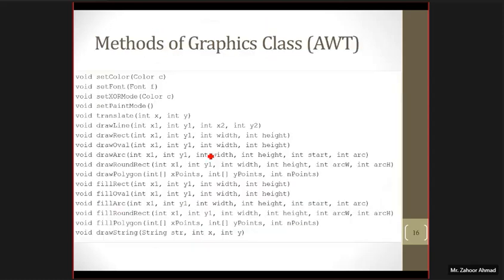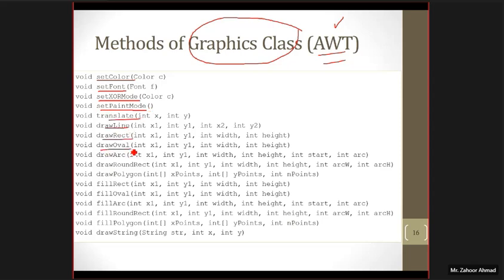Now here you will see what the methods in the Graphics class are, whether it is AWT or Graphics2D. What are the methods in the AWT class? These are the methods, for example, setColor, setFont, setXORMode, setPaintMode, translate, drawLine, drawRectangle, drawOval.